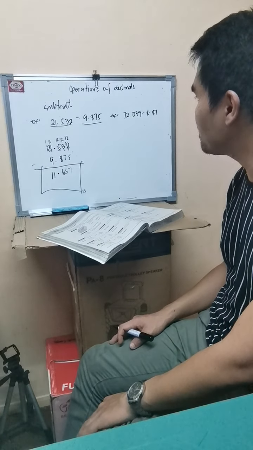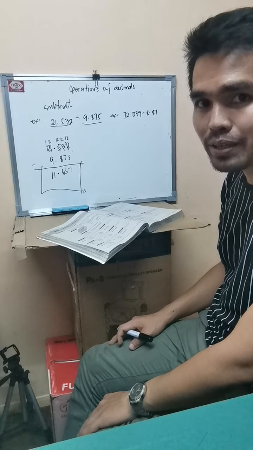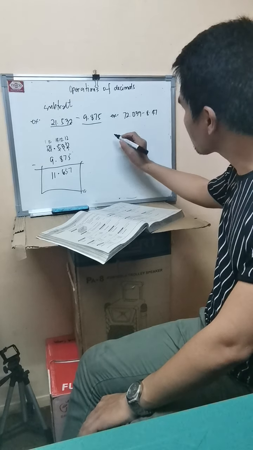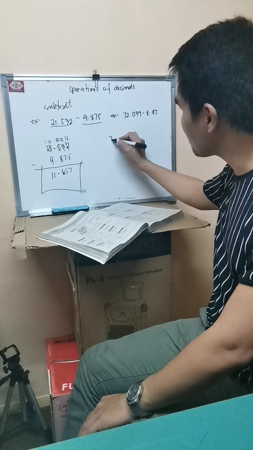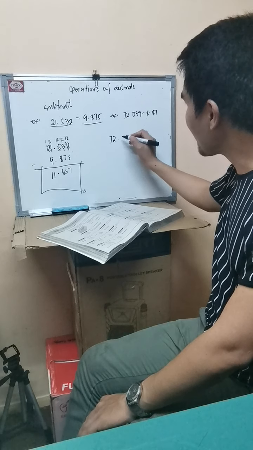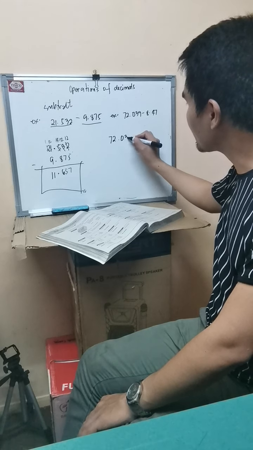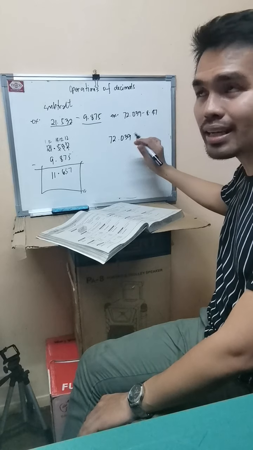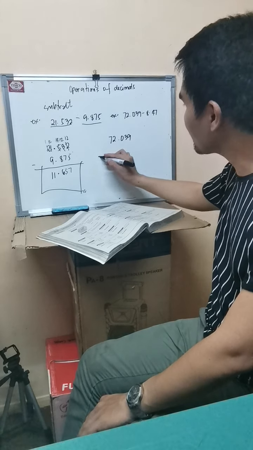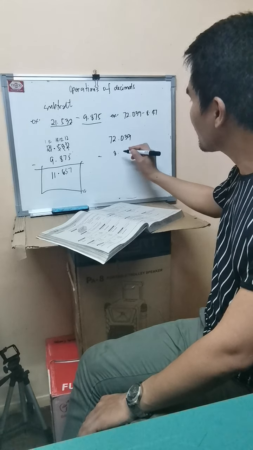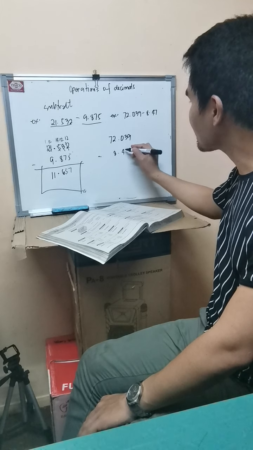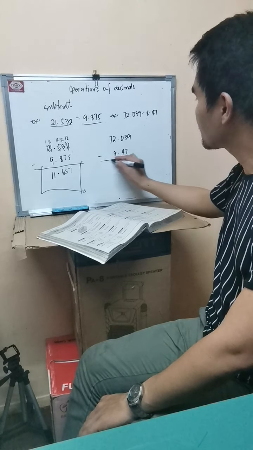Okay, I think we're good now to show our answer for this problem, and let's see whether you got it right. So let's start. Array first the data, that is 72 and 39 thousandths minus 8 and 47 hundredths. Subtract that.